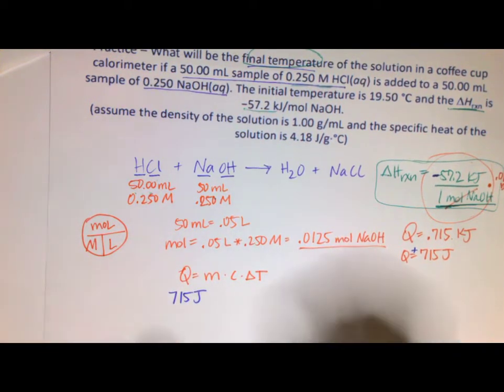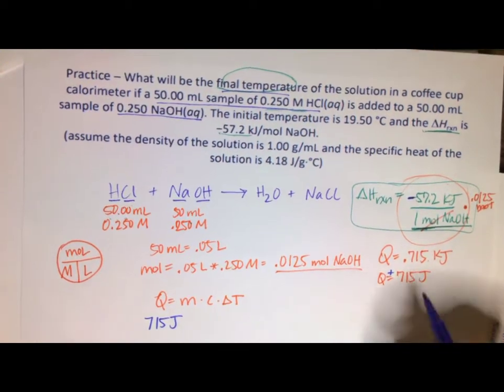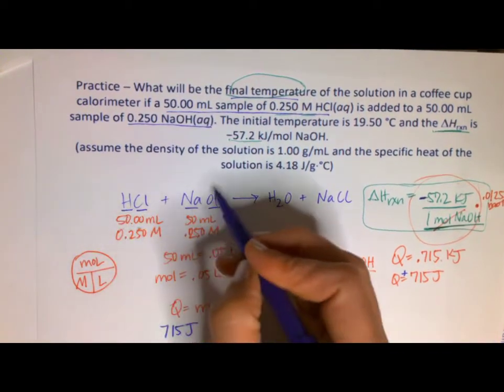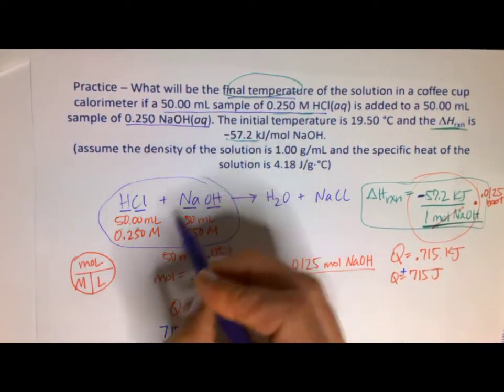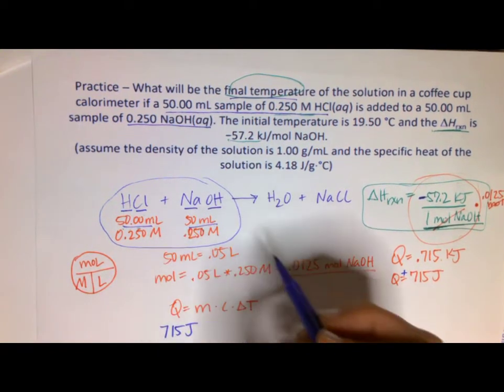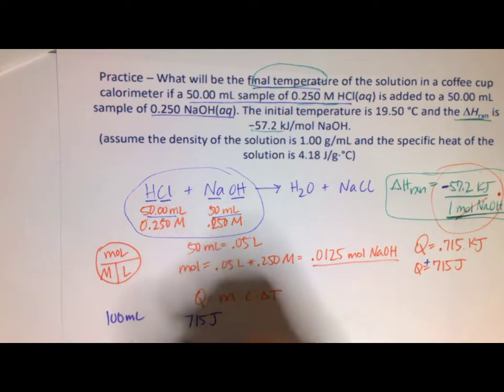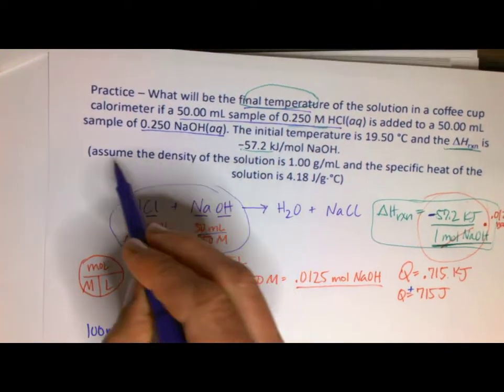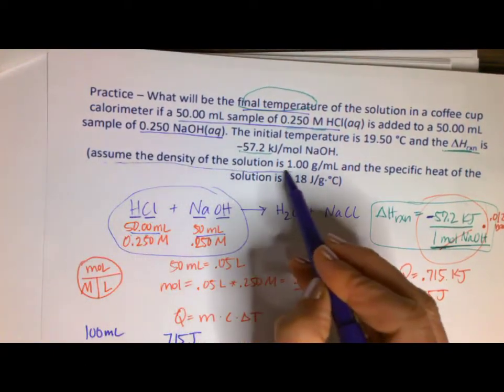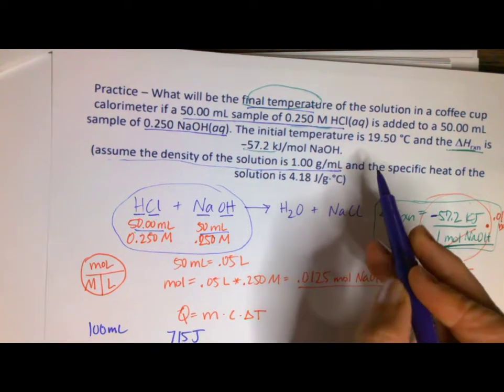I'm also going to say that this solution that's absorbing it is 50 milliliters and 50 milliliters for 100 milliliters of that solution. It also says to assume the density of the solution is 1 gram per milliliter, just like water.